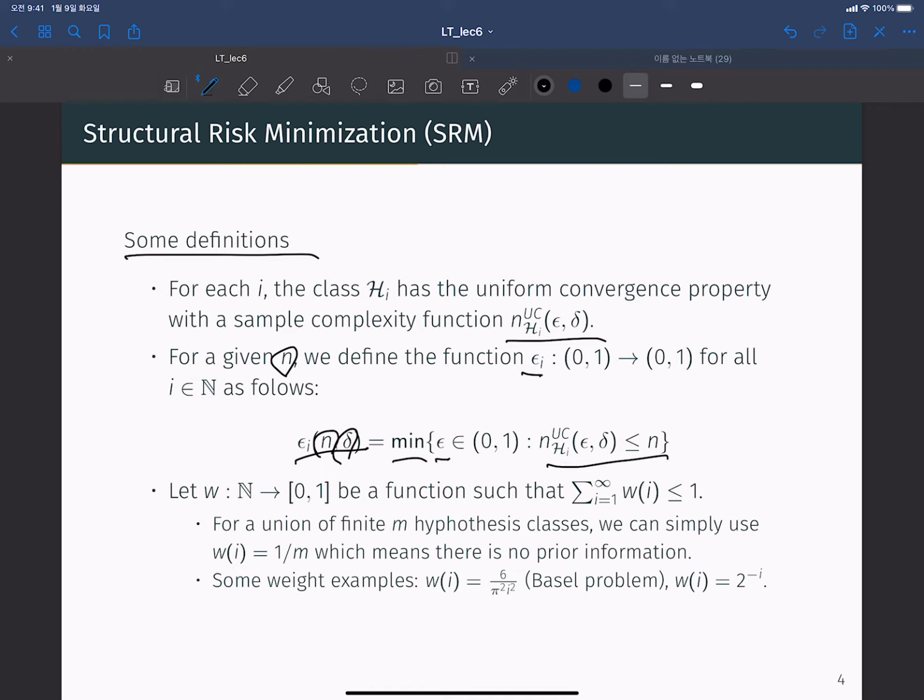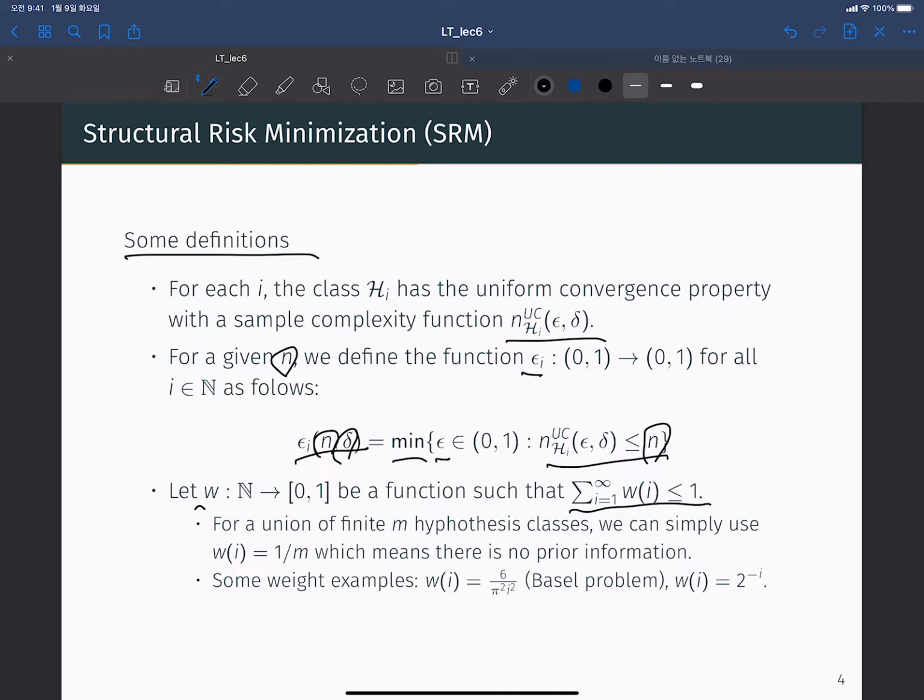We can guarantee epsilon amount of divergence between training and test error with probability 1 minus delta when we have n training data points. And let W be a weight function, and we assume that the W function is normalized. Normalized means the sum of w_i is upper bounded by 1.